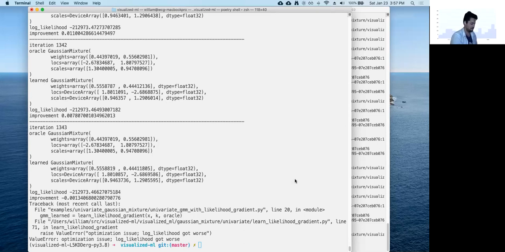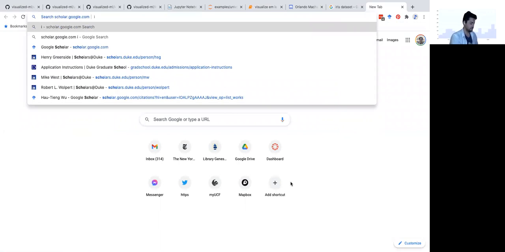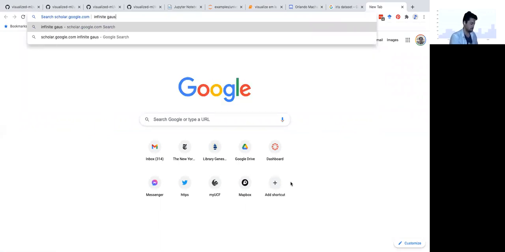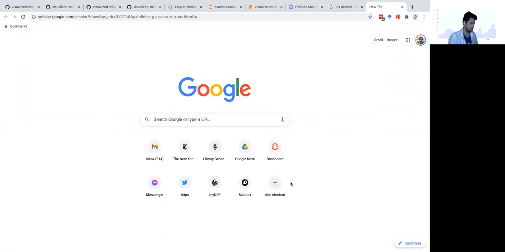Yeah, infinite. That's my keyboard. Infinite, I think it was. I think if we go on Nerd Alert, we're going to go on Google Scholar. Gaussian mixture, I think.